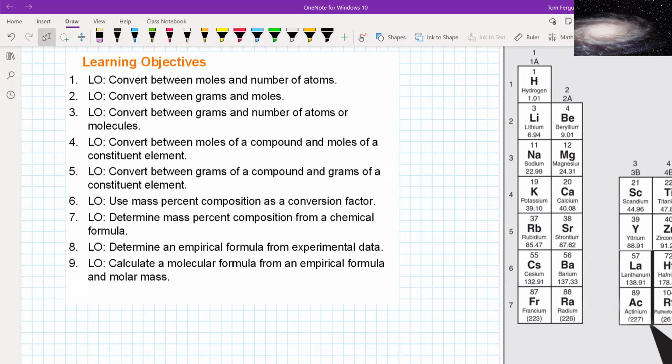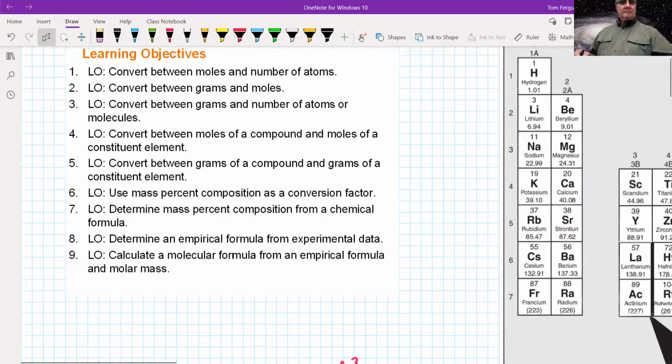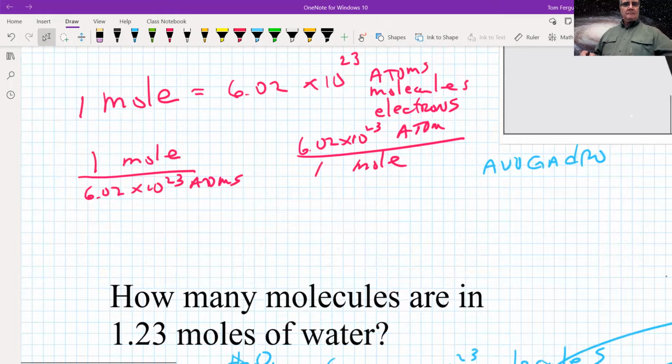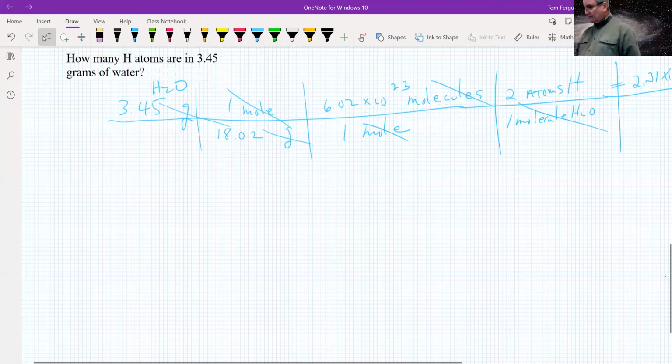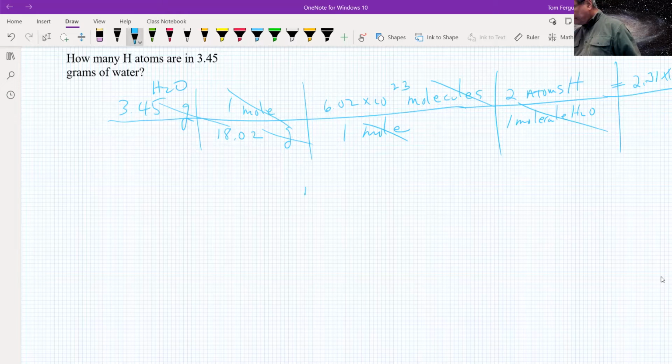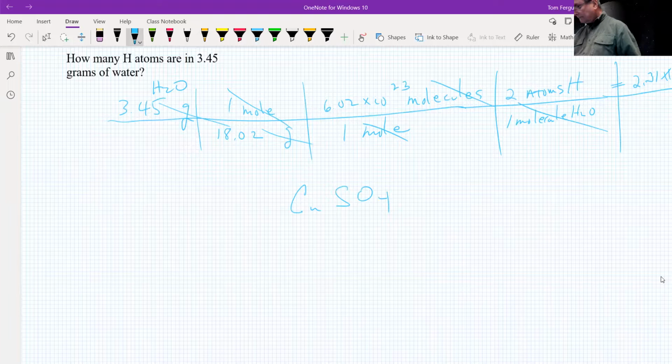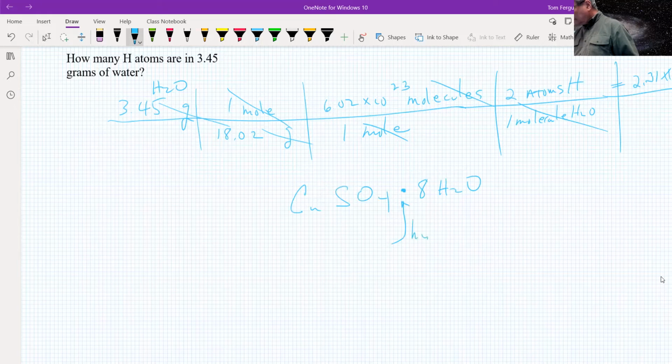So for example, cupric sulfate is anywhere from 8 to 12 molecules of water. Okay, that big dot stands for hydrate.